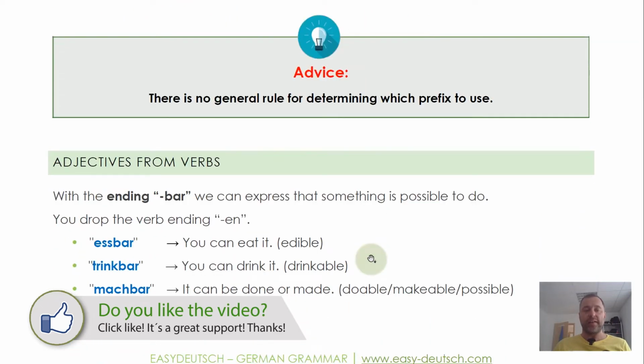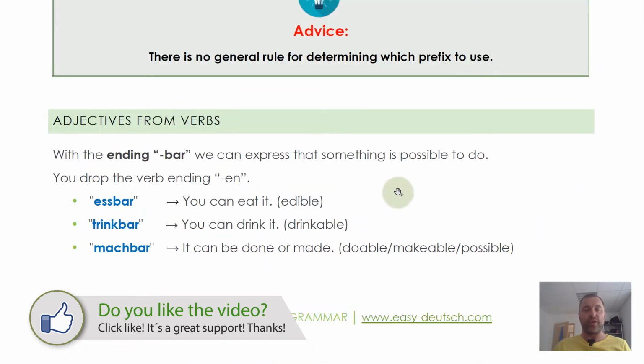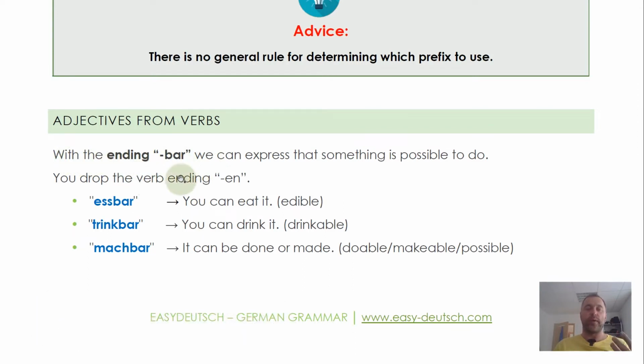And now let's go to the adjectives from verbs. We do this by adding the ending bar. And by doing so, we express that something is possible to do. And pay attention, we have to drop the ending of the verb here. So we have the verb essen, and if we drop the n and put the bar on it, it's eatable or edible.